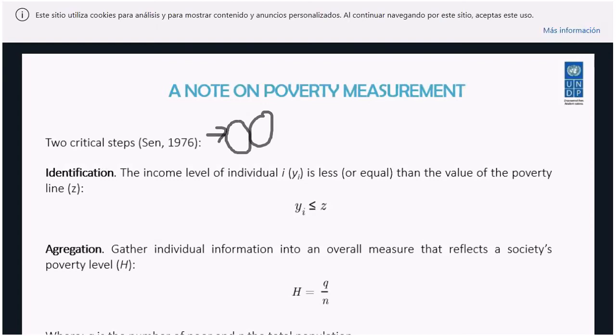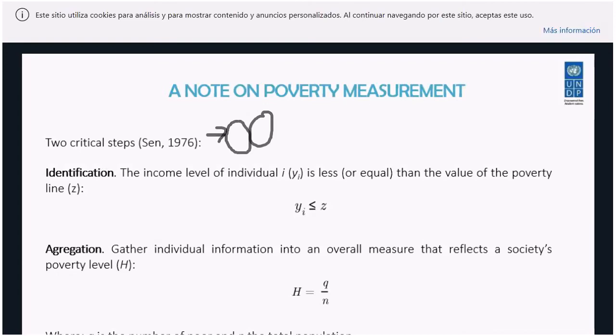Okay, so let's assume that the poverty line is given. A poverty line is basically the amount of money that you require to purchase a basic basket of goods and services, right? It's the market price of those goods.